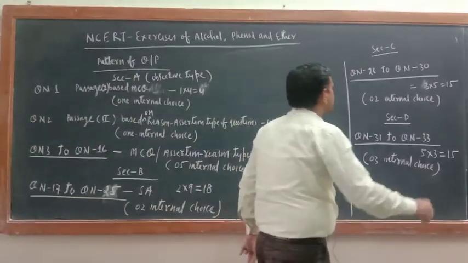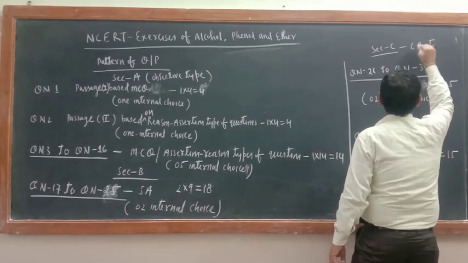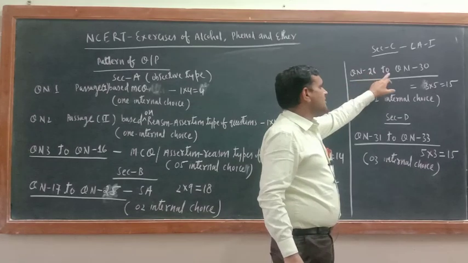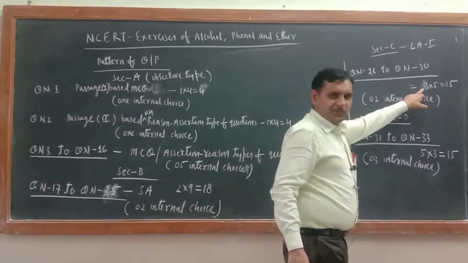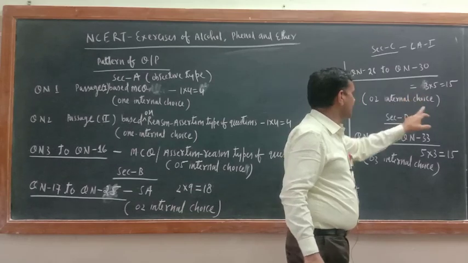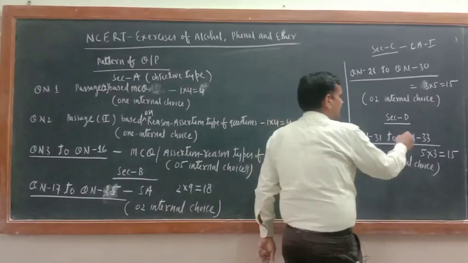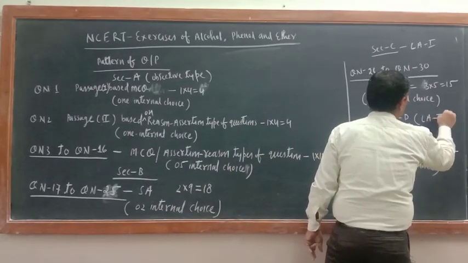Now Section C is long answer first type. They are long answer type questions, question number 26 to question number 30. A total of 5 questions of 3 marks, so 15 marks here. 2 internal choices you will get. Now Section D is long answer second type of question.